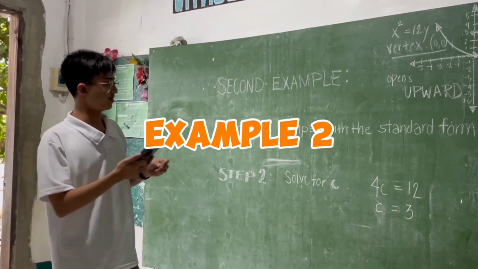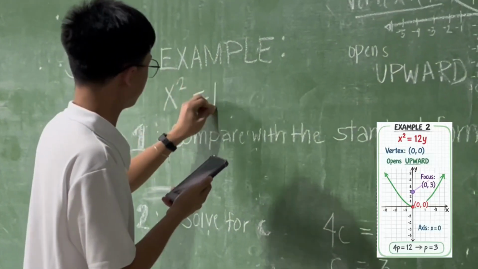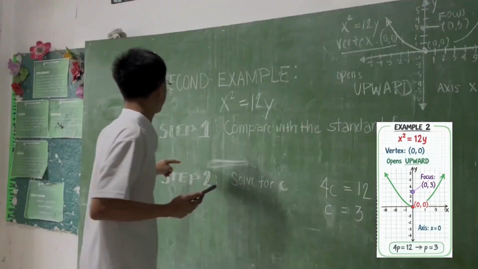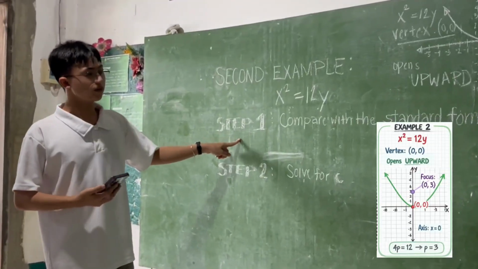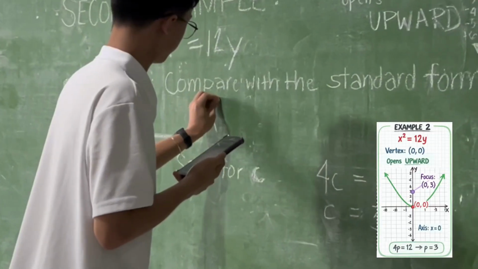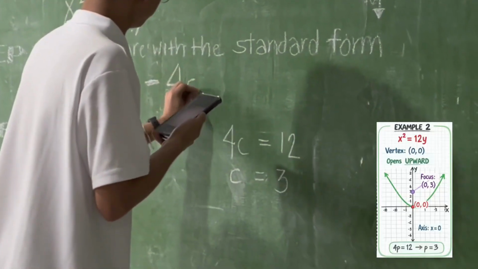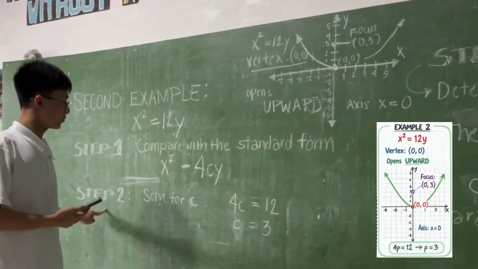Second example, x squared equals 12y. Step 1. Compare with the standard form. Step 2.